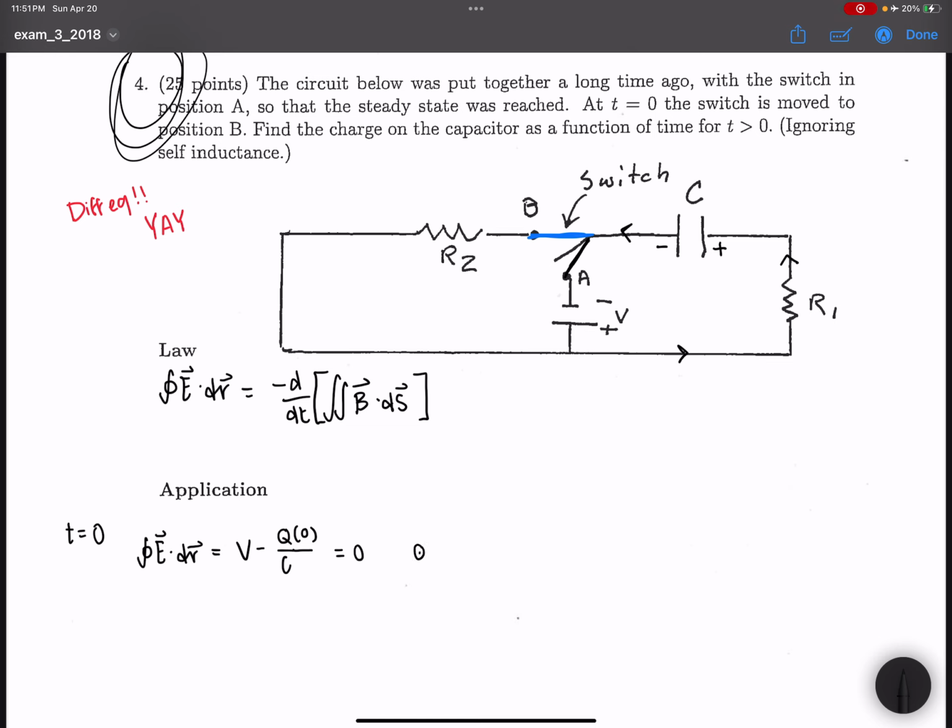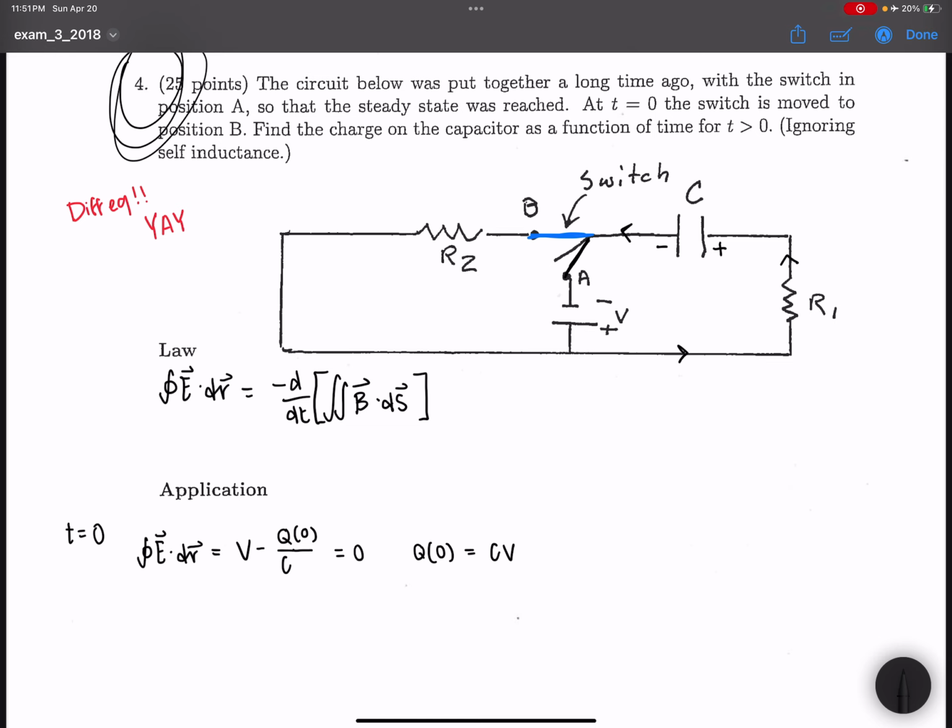And so we get that Q0, the initial condition, the charge on the capacitor at time equals 0, is CV.